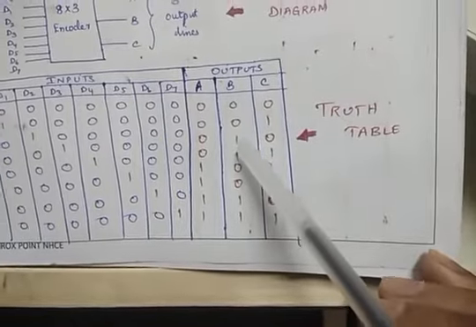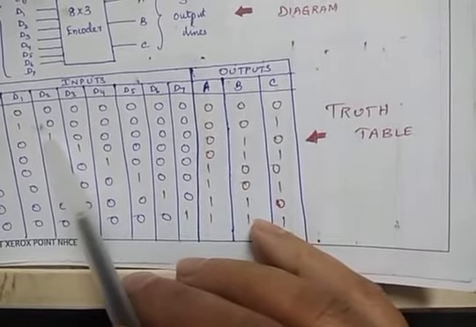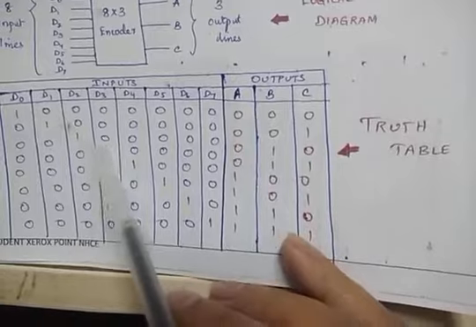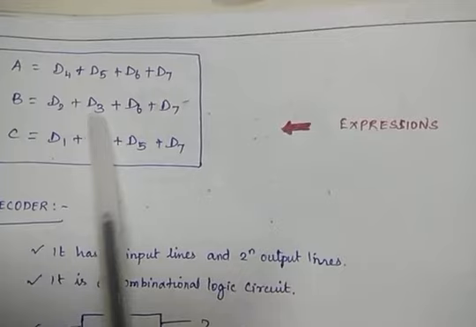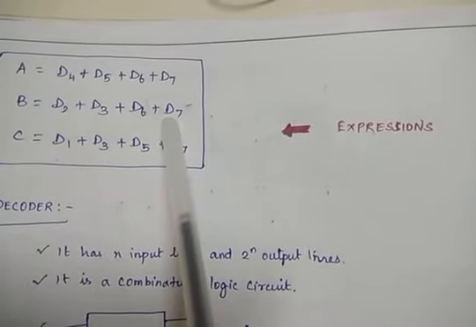Similarly for B, I'll show you. B is having 1 when D2 is enabled, D3 is enabled, D6 is enabled, and D7 is enabled. So B equals D2 plus D3 plus D6 plus D7.